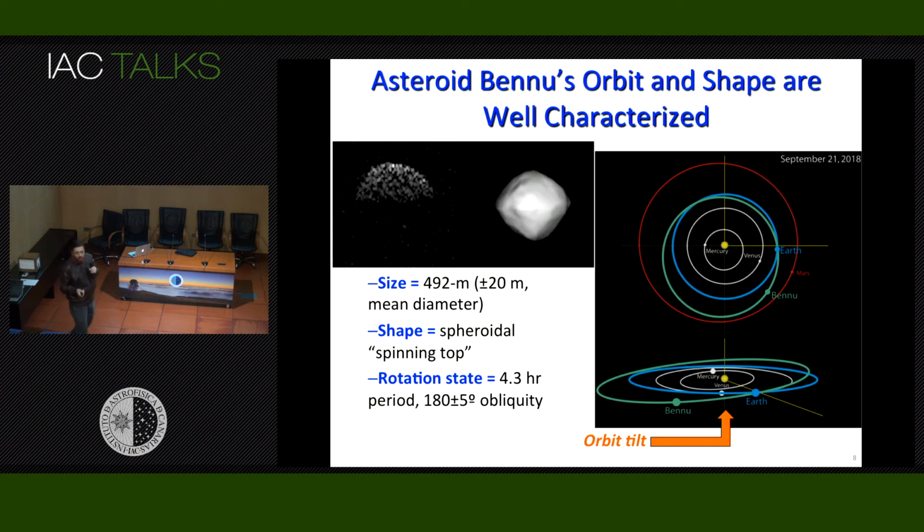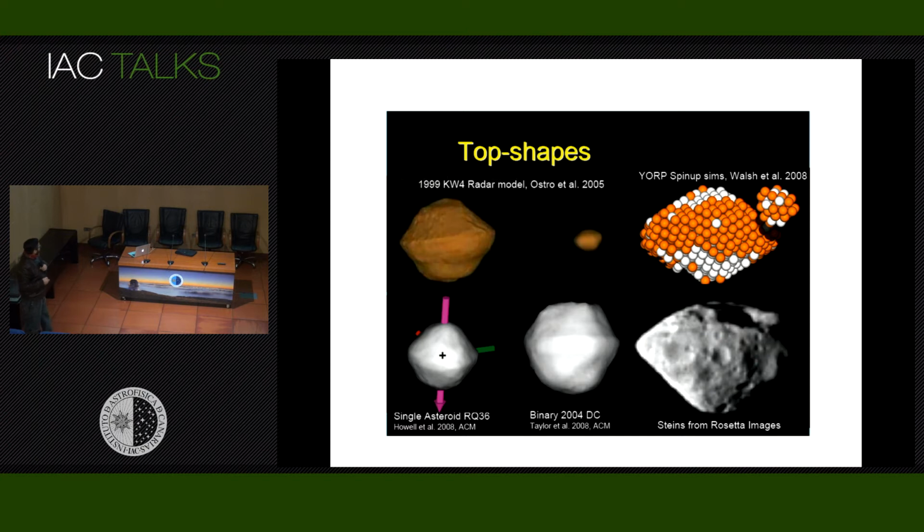A small inclination with respect to the orbit of Earth is critical to decide to go to an object, because the lower the inclination, the easier and the cheaper to send a rocket to an asteroid. Not only that it passes close by, but also that the inclination is low, because when you send a rocket, you use the velocity of the Earth. So if you change the inclination, you have to add a lot of fuel to change the inclination of the movement.